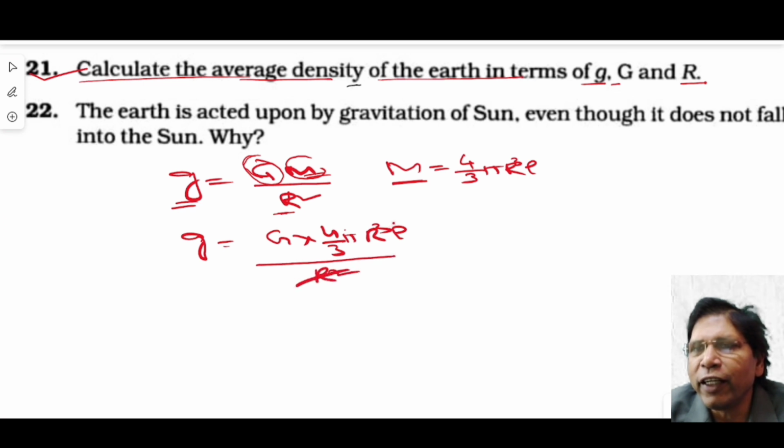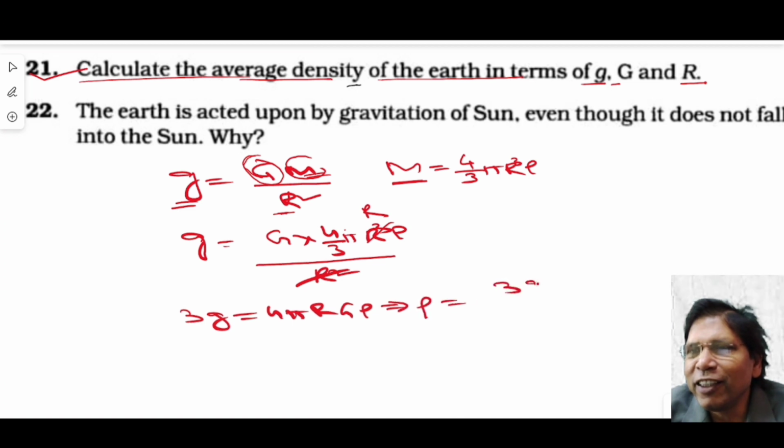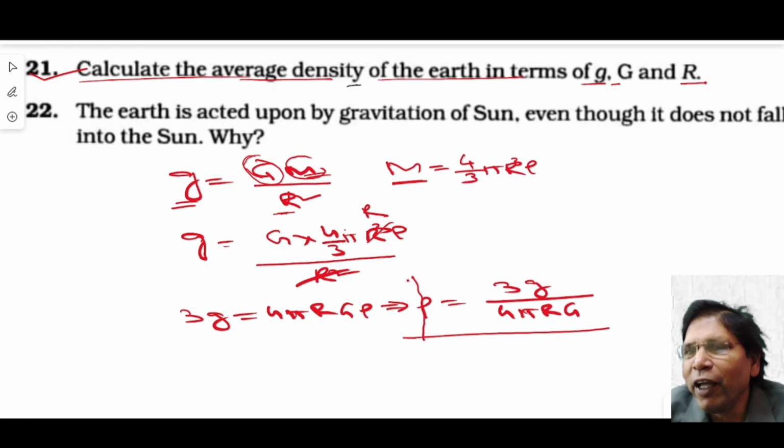So g equals 4/3 pi G R rho. Therefore rho equals 3g divided by 4 pi G R. This is the expression of the average density of the earth in terms of small g, capital G, and capital R.